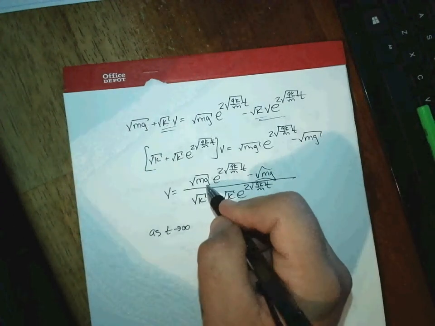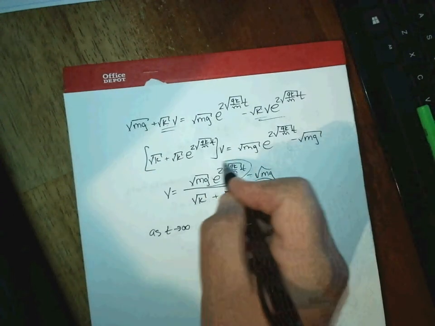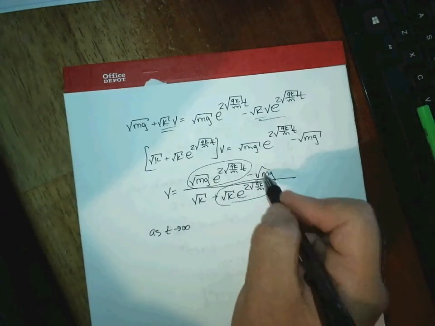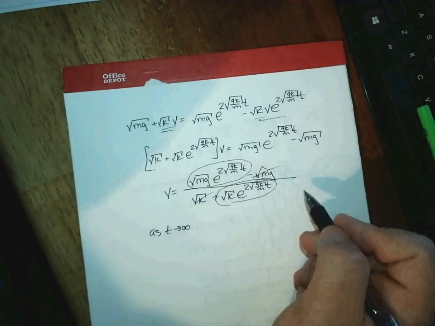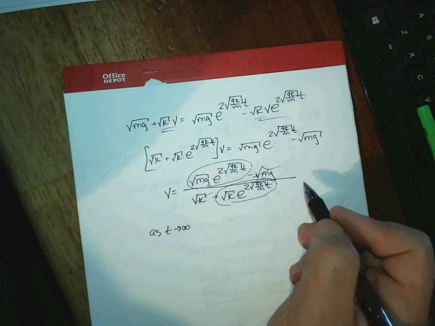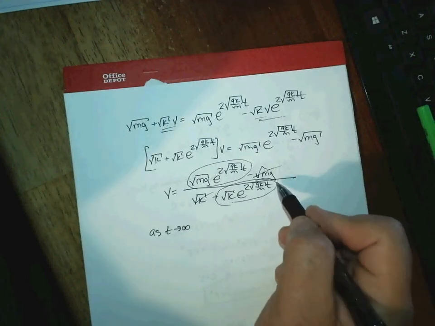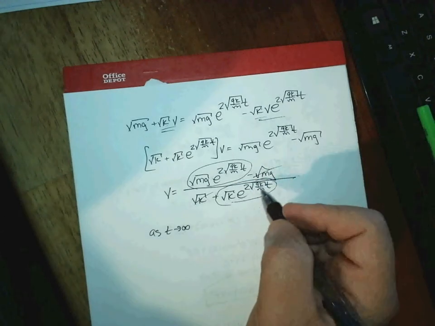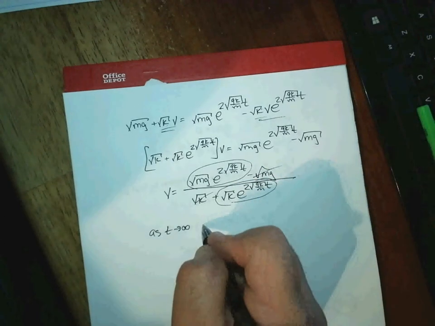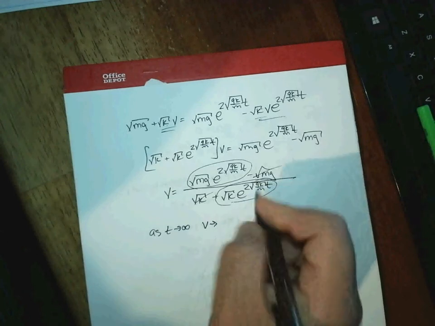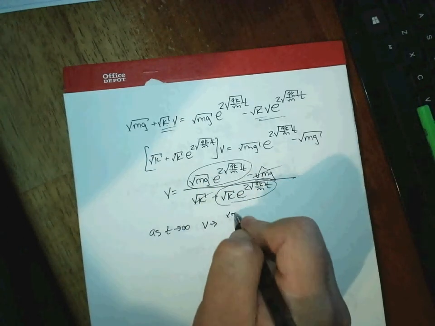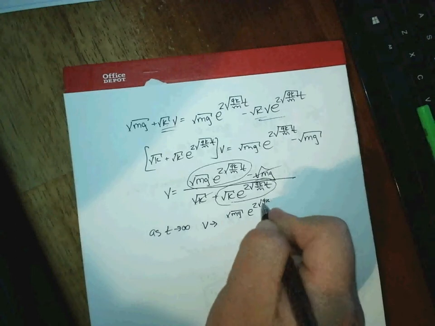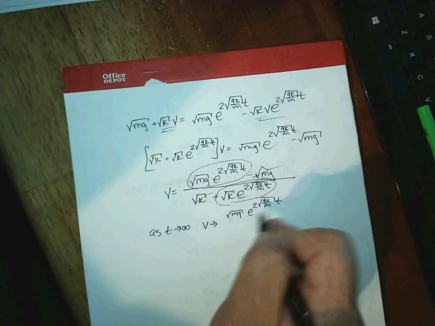Well, as t goes to infinity, what you're going to be left with is this as the dominating term in the top, and this is the dominating term in the bottom, meaning this term and this term are going to become inconsequential as t goes to infinity. And so v approaches this.